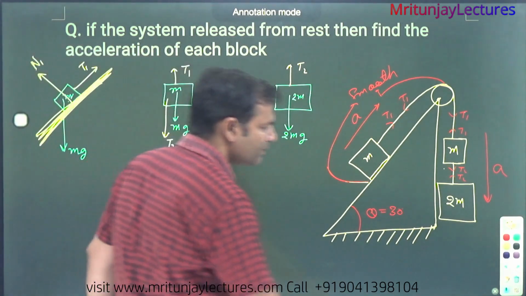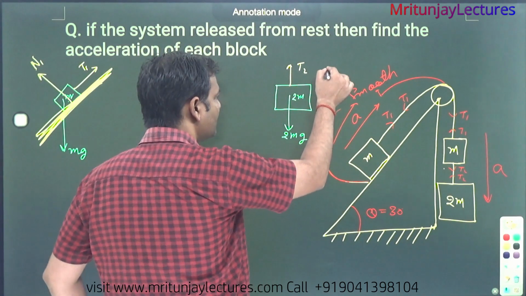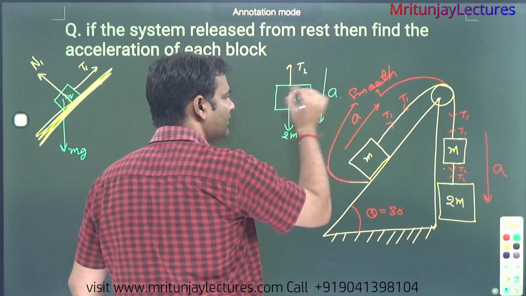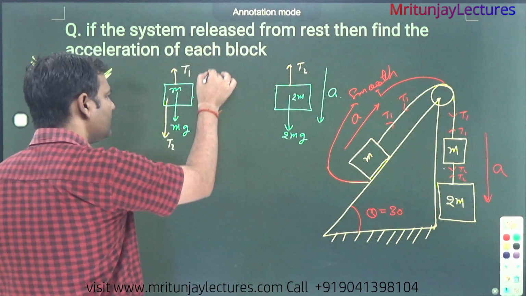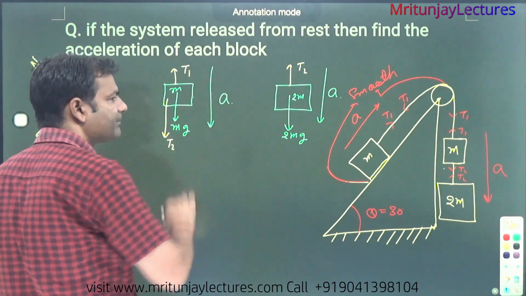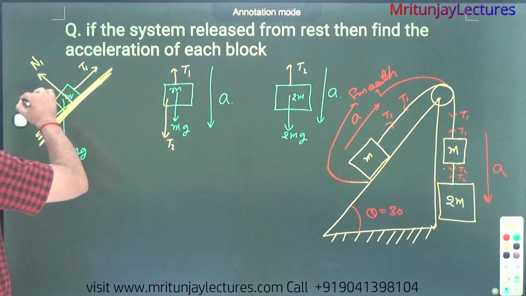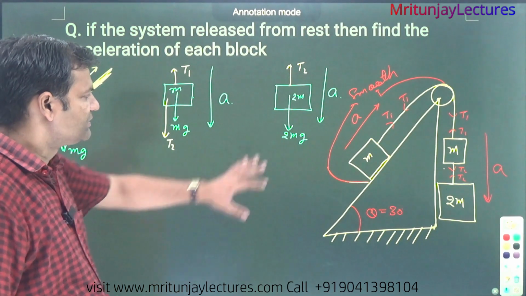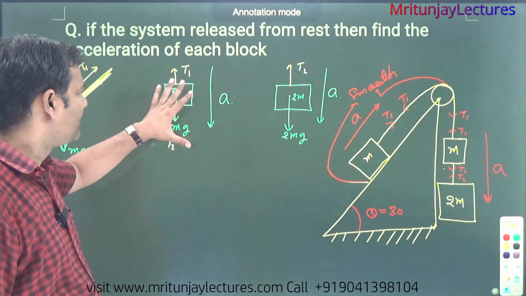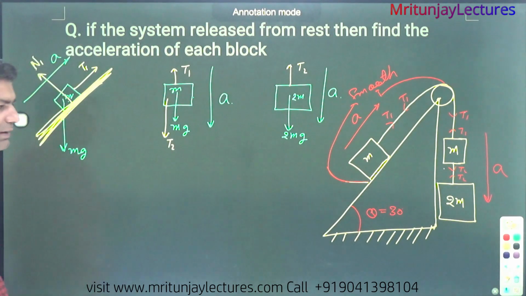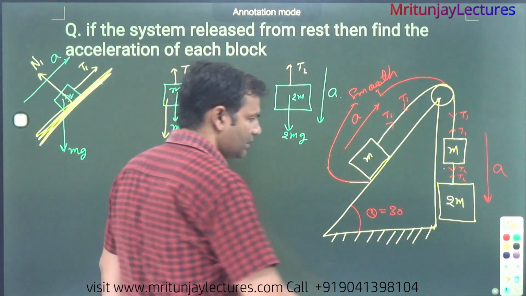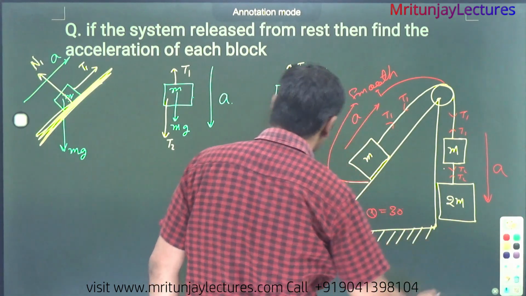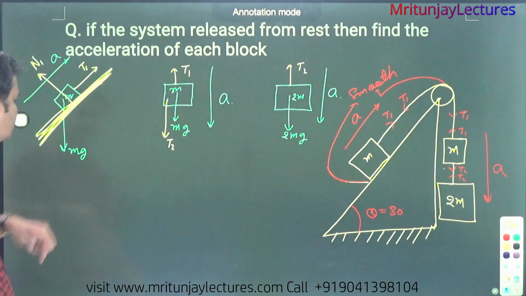So, if this one is going downward, A here and A here, and the whole system goes with A. Clear or not? So, this is the free body diagram, this is the free body diagram, and this is also a free body diagram. Now next we focus on that one.